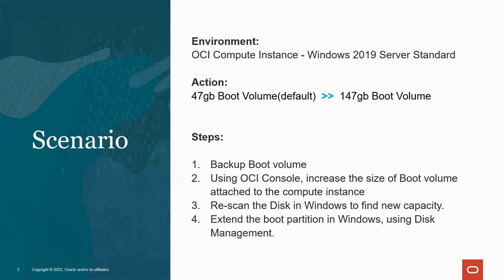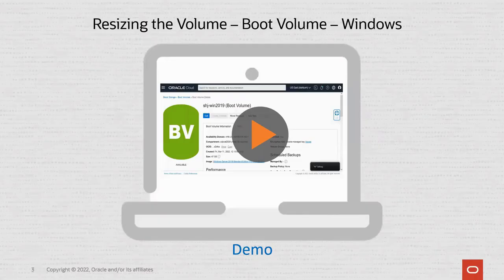Then we go back to the Windows instance and rescan the available space. And then the last step is to extend the boot partition in Windows using the Disk Management tool that comes in Windows. So without further ado, let me show you that in action.